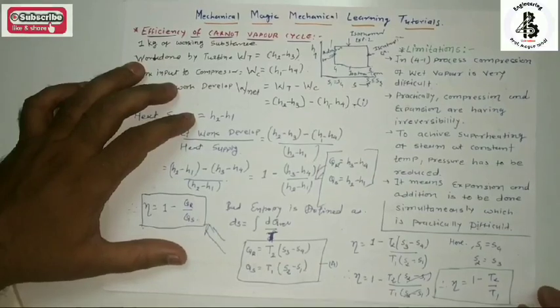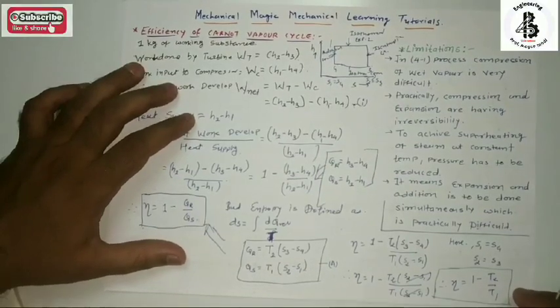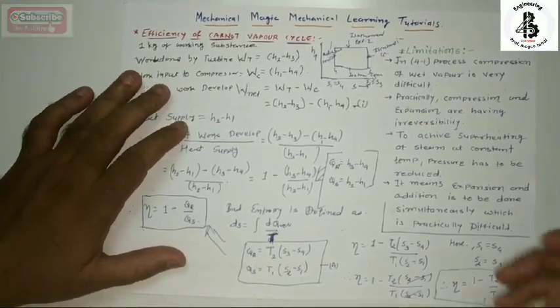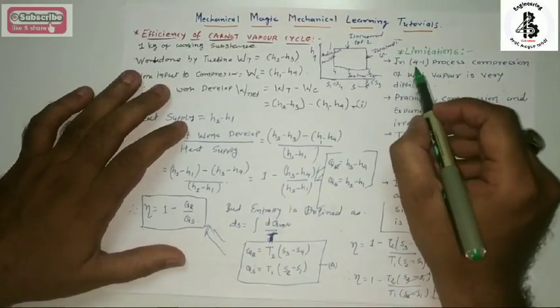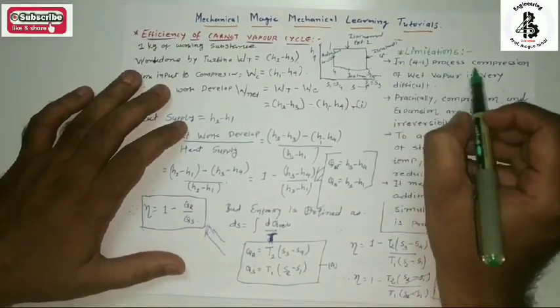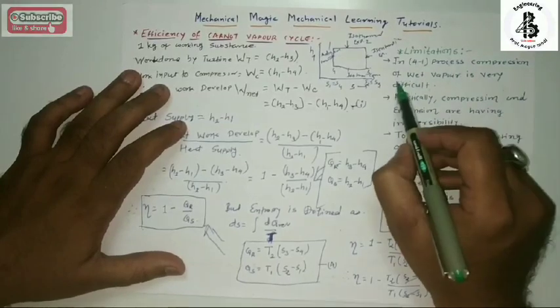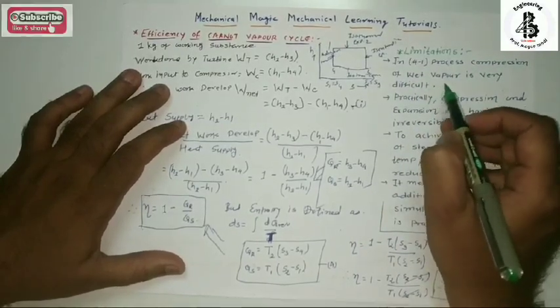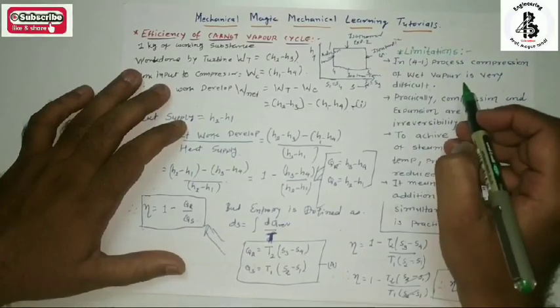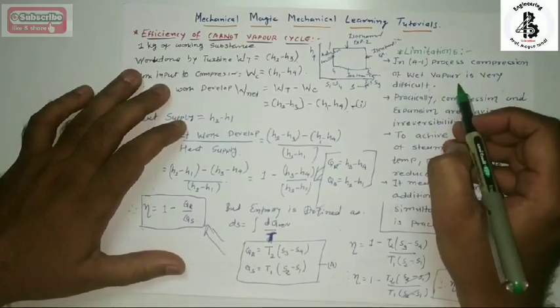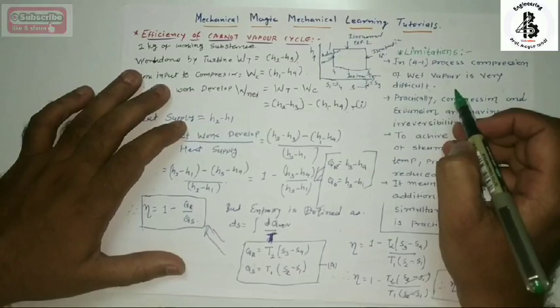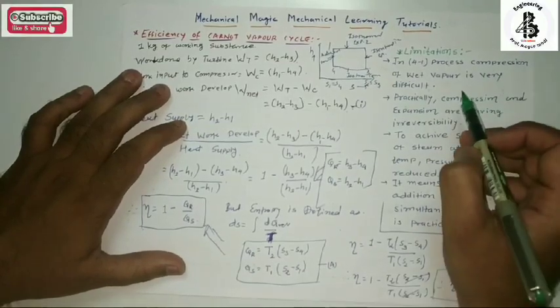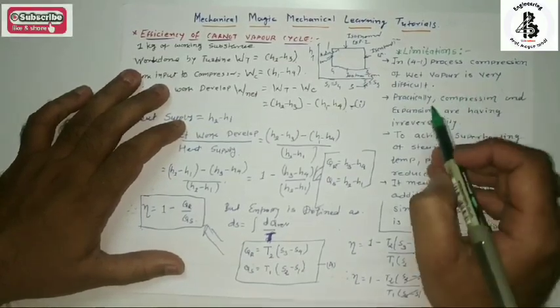There are also some limitations of this cycle, in process 4 to 1, the compression of wet vapor, which is very difficult. In that case, that will be the condensation process, having water plus some steam. So practically that is difficult.